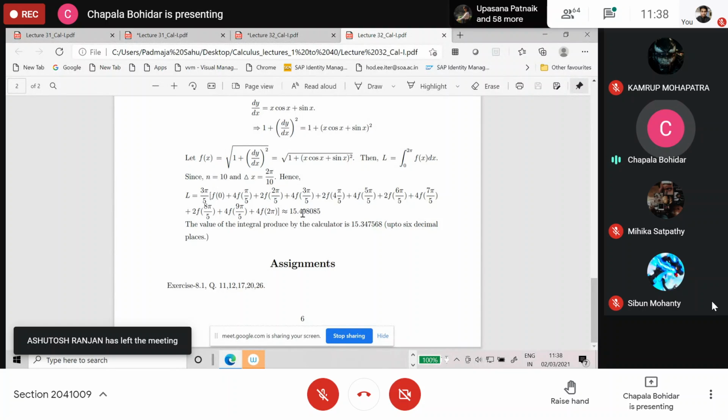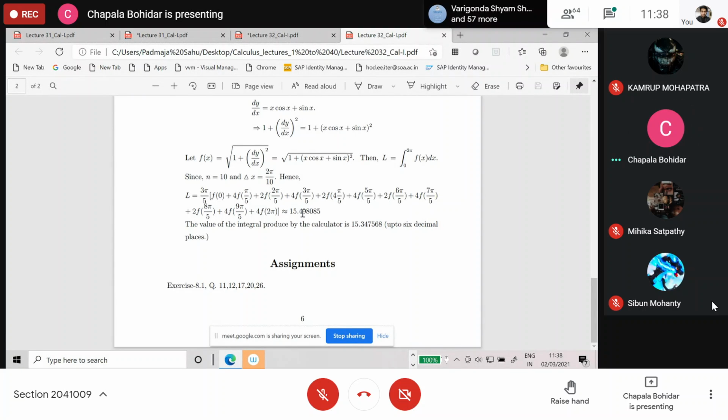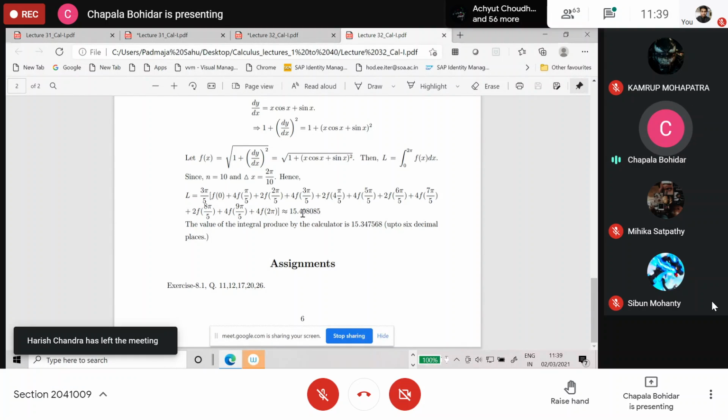I am asking, does anybody have a programming calculator? With a programming calculator, you find the root of 1 plus (x cos x plus sin x) squared as the function of x, and that is the integral value. What is the integral value from 0 to 2 pi directly? You put that value there as f(x) dx and find the value directly. What value are you getting?